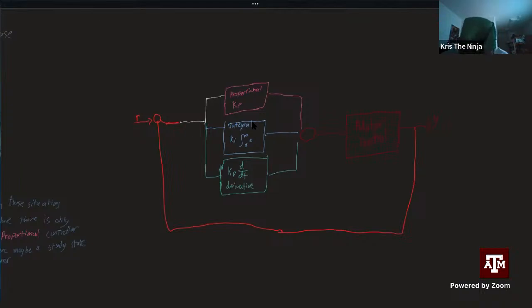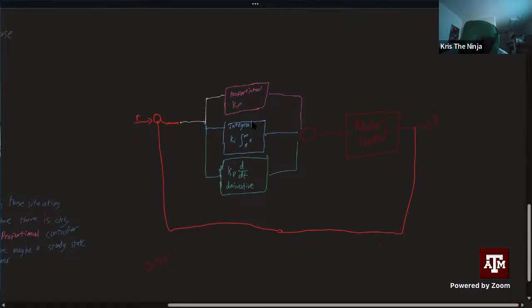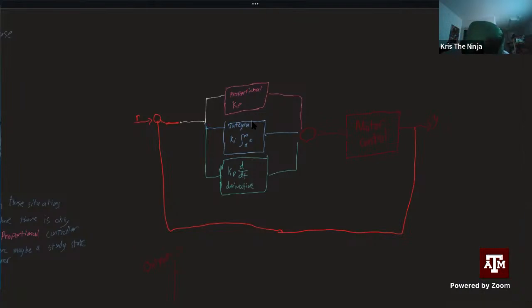Oh no, that's the theta. So output. Actually, I could probably do that on my own. You're gonna start at zero.